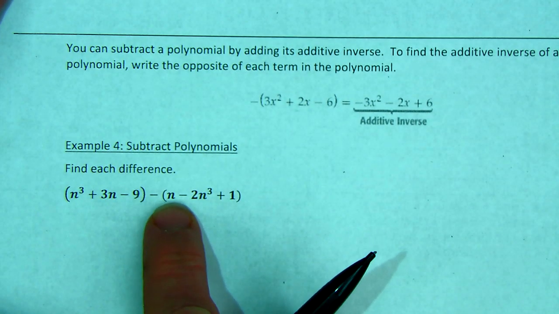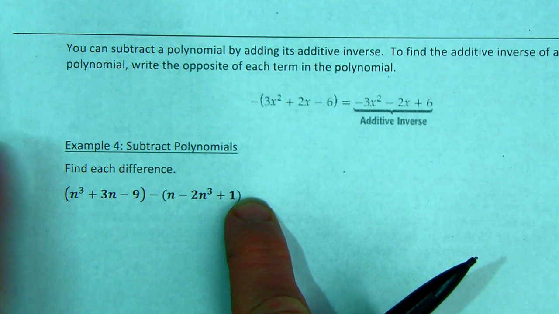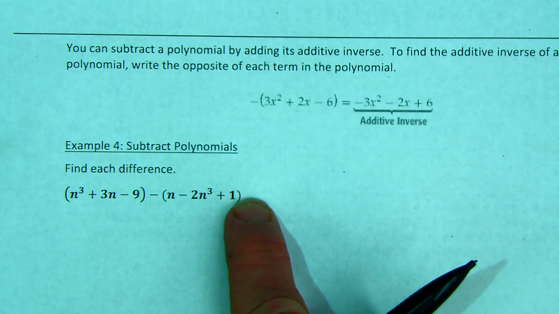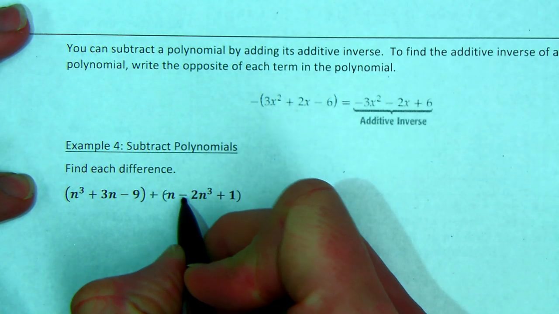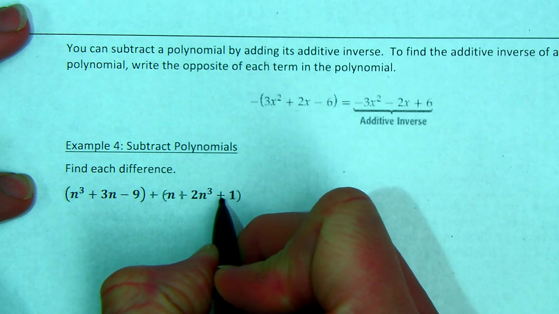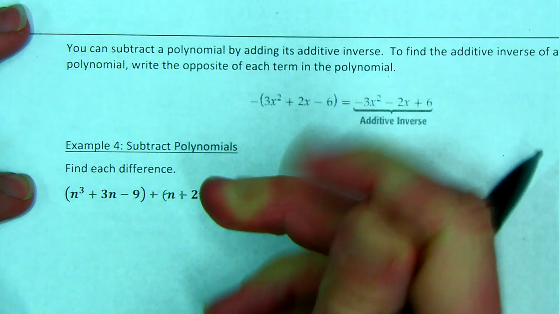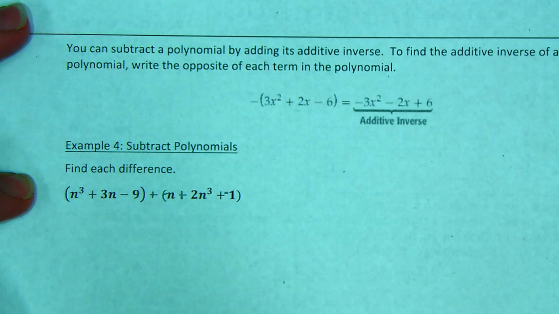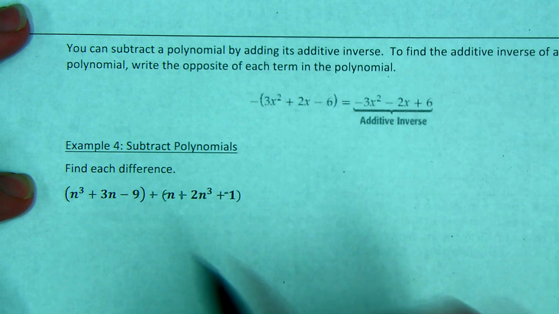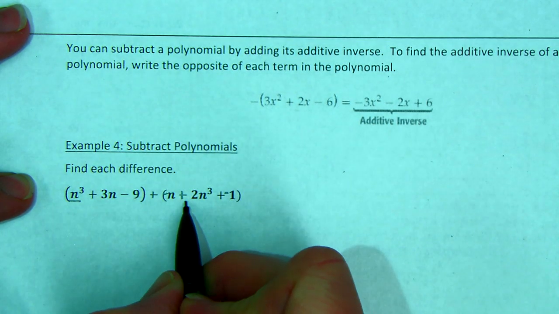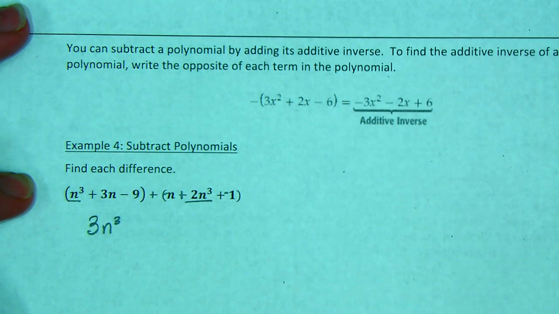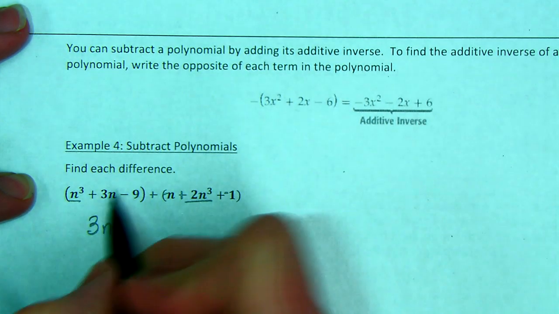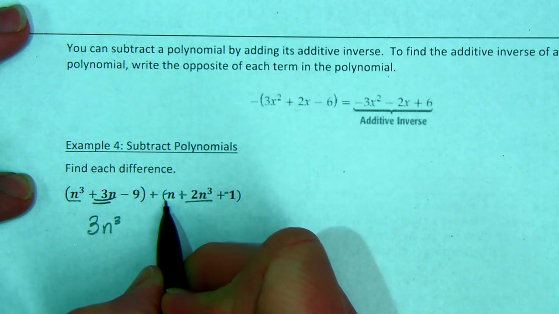So I'm going to make this a positive, which means that n becomes negative, the 2n cubed becomes positive, and the 1 becomes negative. Once I do that, I ignore my parentheses and I combine like terms just like an addition problem. So I have an n cubed and a 2n cubed, which gives me a 3n cubed. I don't have any n squareds, so I'm going to move on to the 3n and the minus n, so plus 2n, and then minus 10 with my constants.